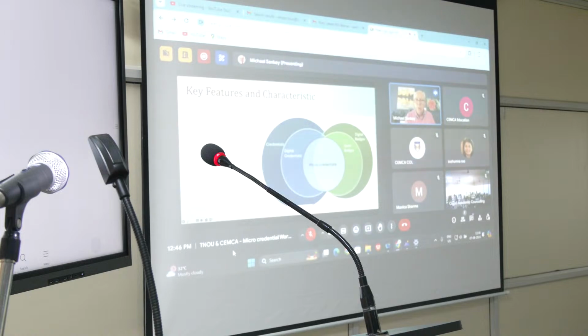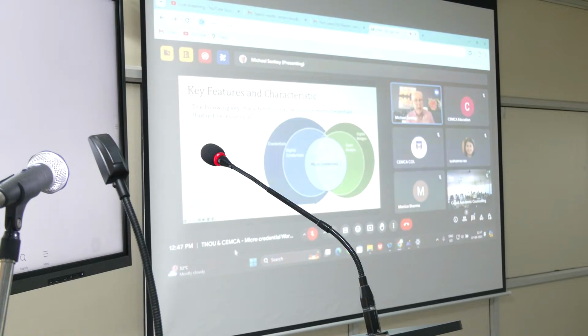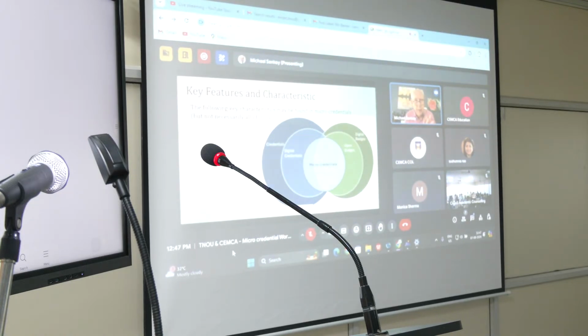We saw micro-credentials move from this notion of credentials through to digital credentials and then into micro-credentials, while on the other side, we saw badging and certificates through to open badging and then overlapping into the micro-credential space. So there are some key characteristics that in our particular context here in Australia we see are necessary for any micro-credential to be called a micro-credential.